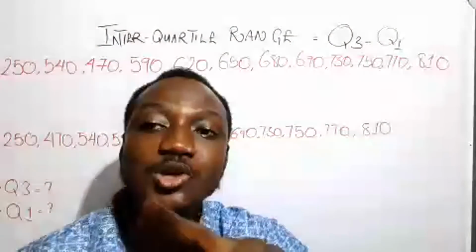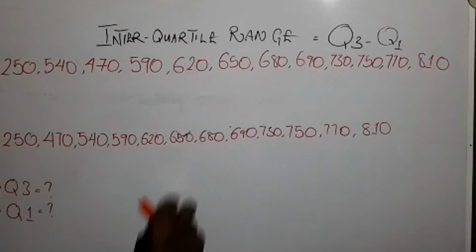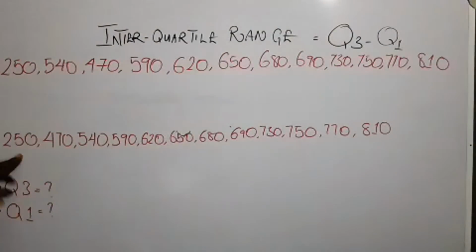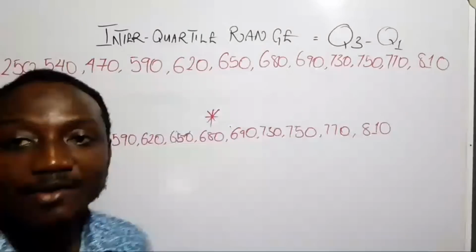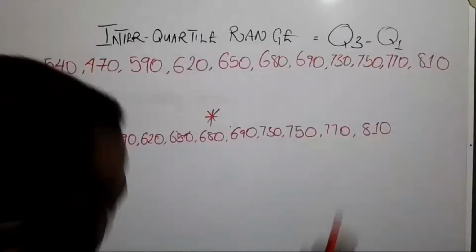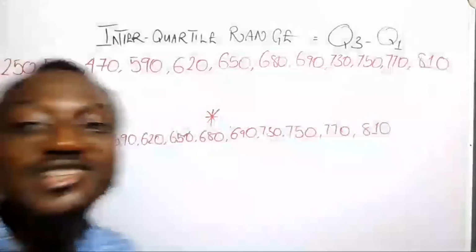And how do we do that? We need to take our counting from both ends. Our target is the center, but we need to be accurate with the data. So we start the counting from both ends.